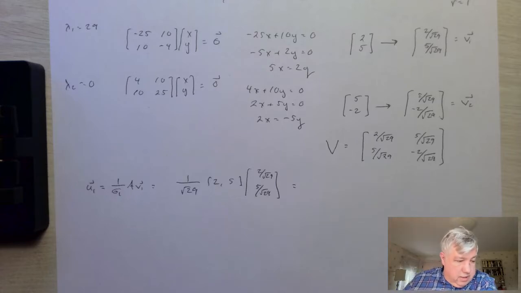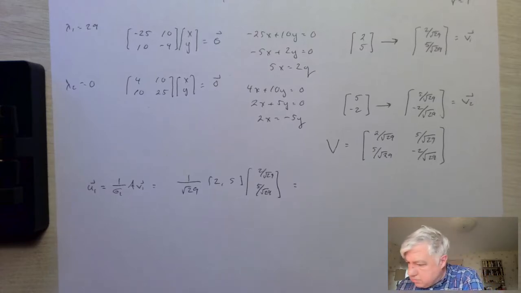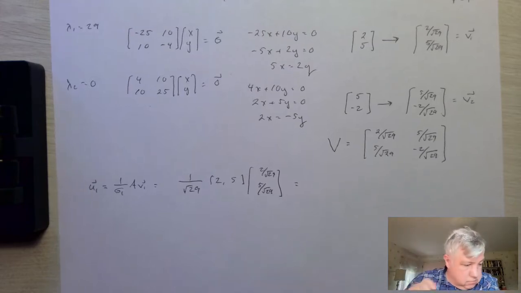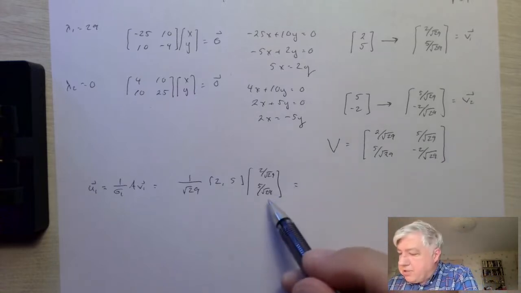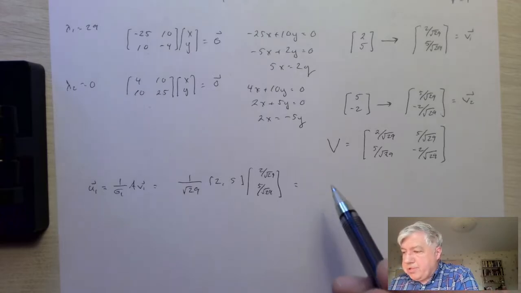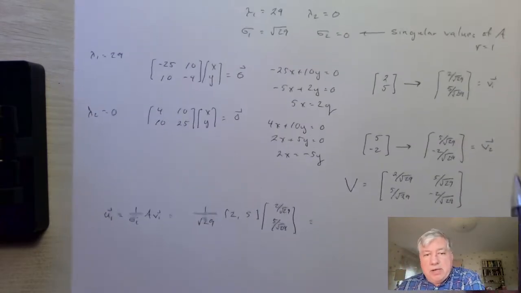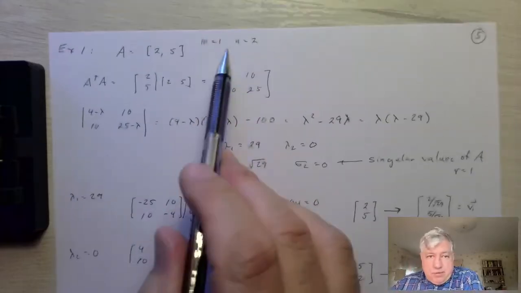All right, and now you'll see that this is actually just going to give us a 1-by-1 matrix, which is exactly what we expected, because remember m is 1 after all.